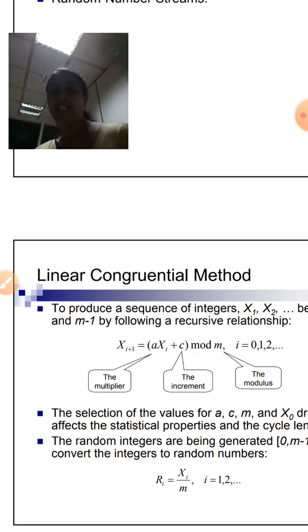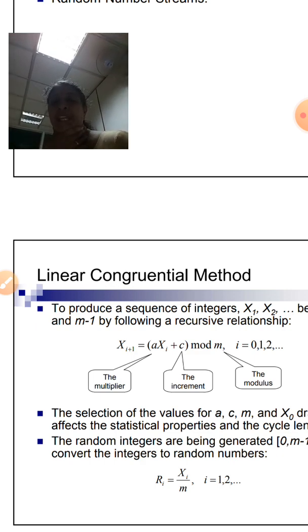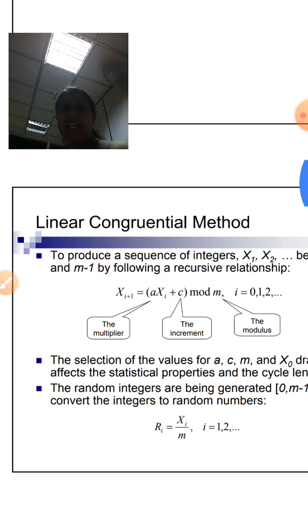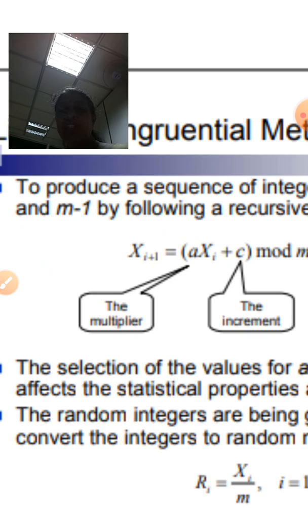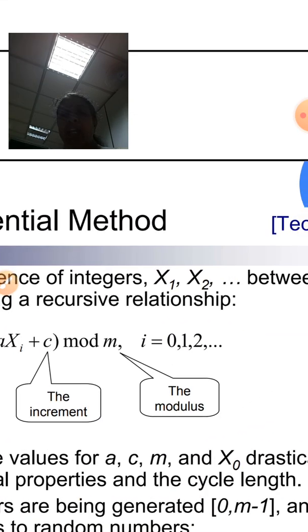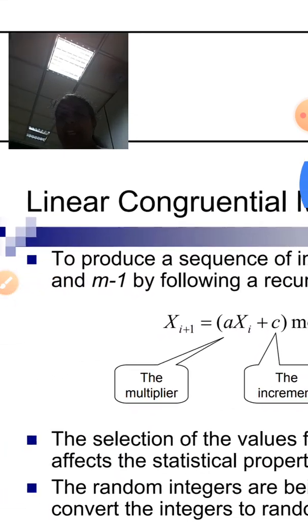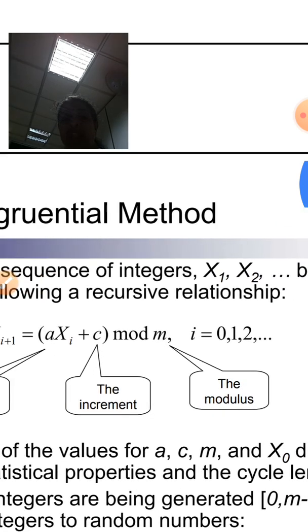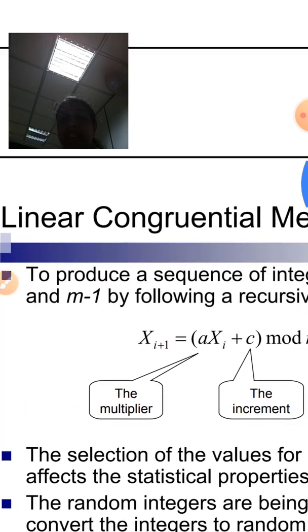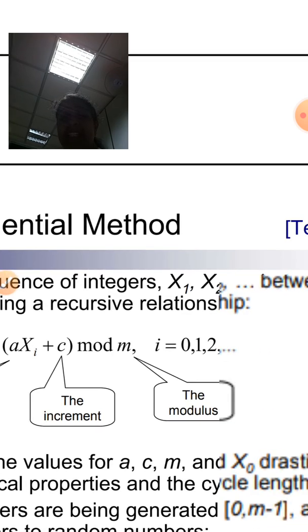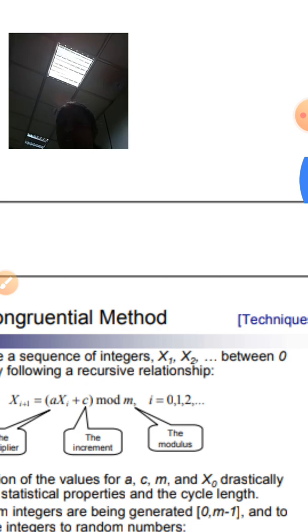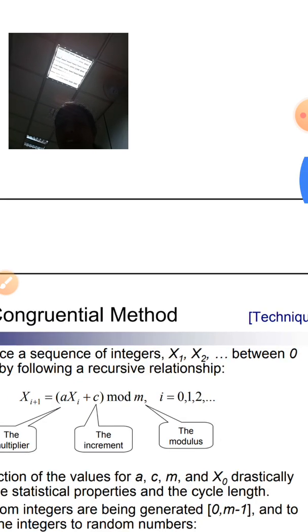If we want to produce a sequence of numbers x1, x2, x3 and so on, which usually are in the range 0 to 1, let us consider the sequence numbers to be in the range 0 to m minus 1.